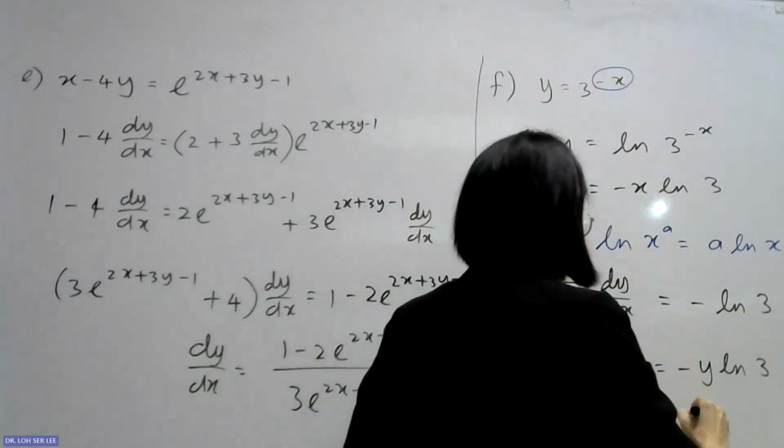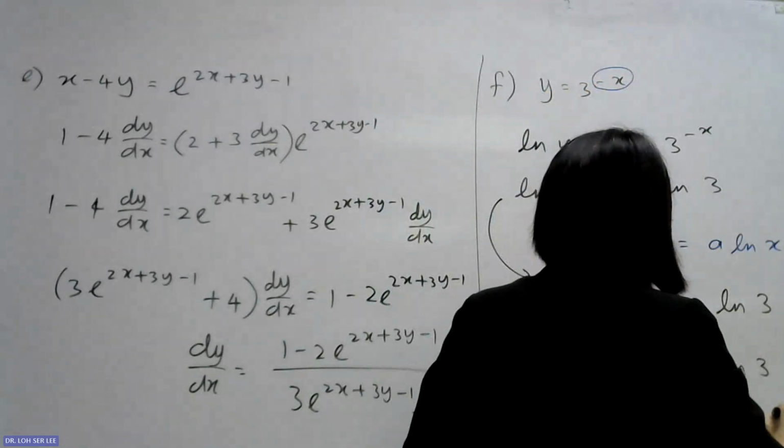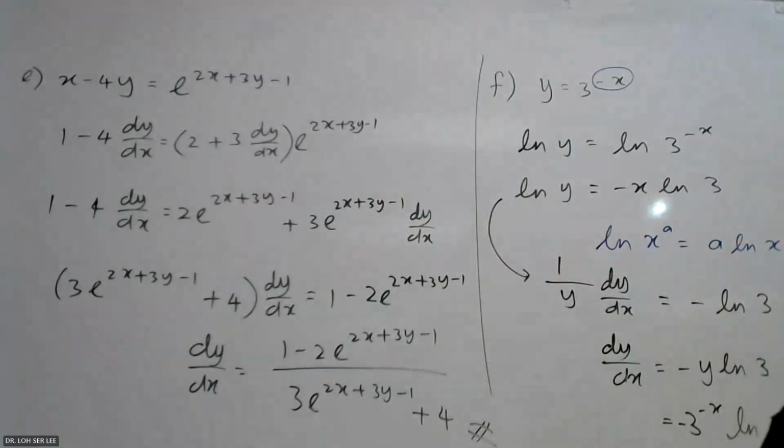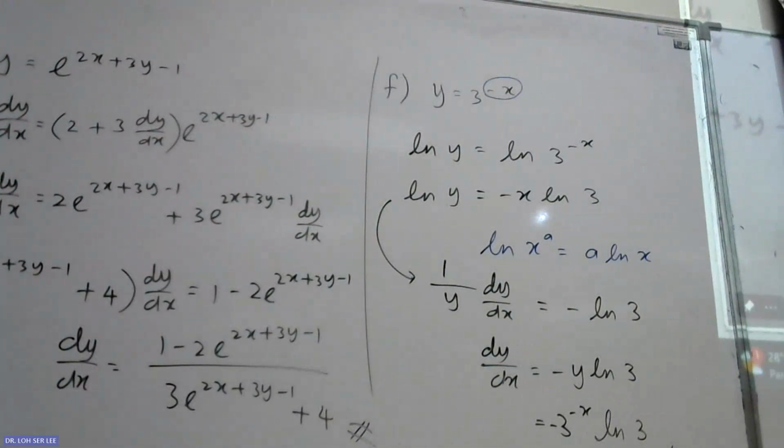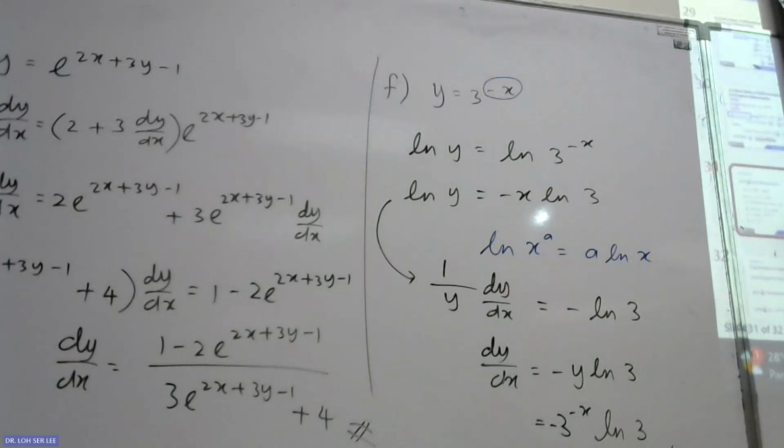This is a simple function where we can substitute this back: negative y ln 3 becomes negative 3 to the power of negative x, ln 3. Any questions? No questions? No?